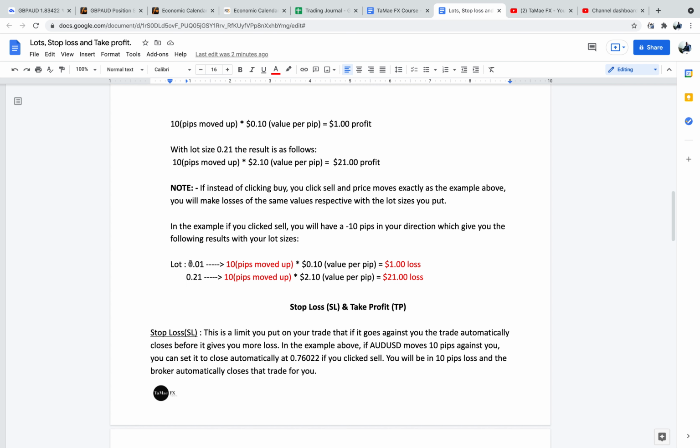So if you're using 0.01 lot size, you are having 10 cents per pip. So if it moved 10 pips against you, you have a loss of $1. If you use the lot size 0.21, it means per pip you are losing 2.10, which is a $21 loss.